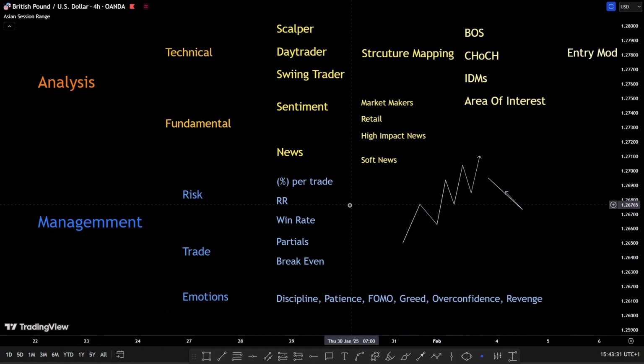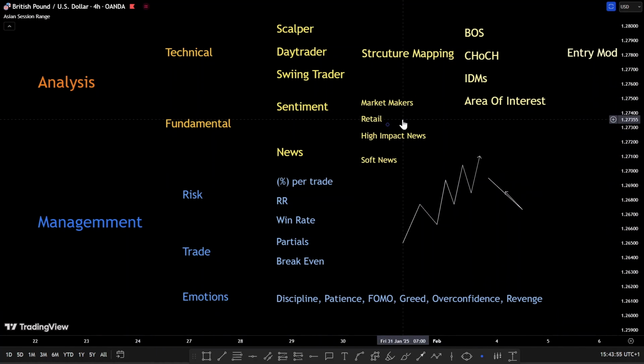So you take more risk than expected, then the market will end up taking out your stop loss maybe, and this will lead you to revenge trade. You'll want to recover your loss, and then you will be revenge trading, and then take a loss again. So this is the most important part of all of these aspects. If you don't manage your emotion properly, then all of these aspects above will not work for you.